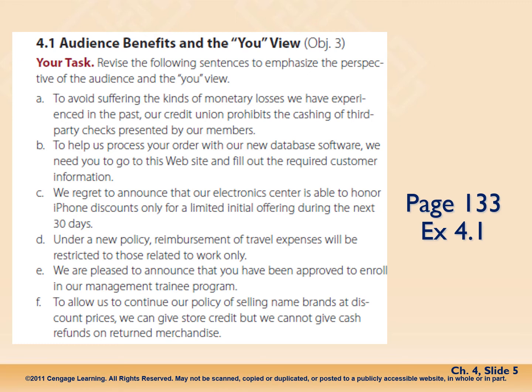So rather, we can say you would be glad to know that our electronic center is able to honor the iPhone discounts, or you can get these discounts for the next 30 days. So this is how you can make your communication more exciting and more you-oriented.